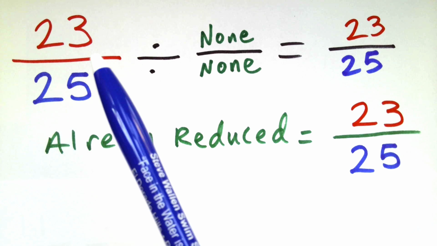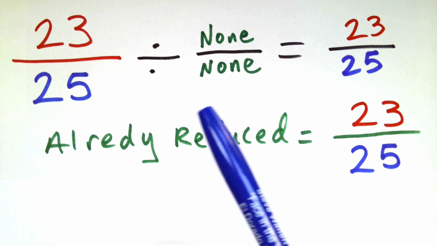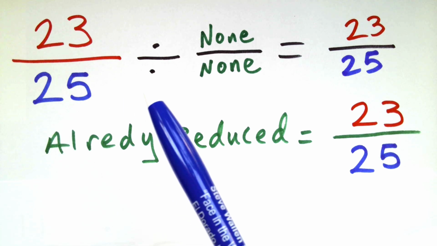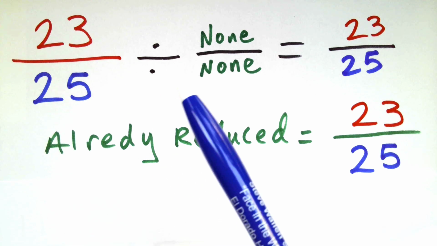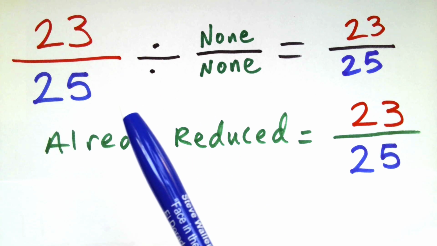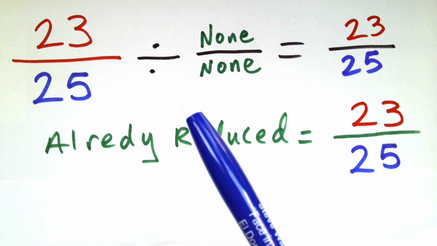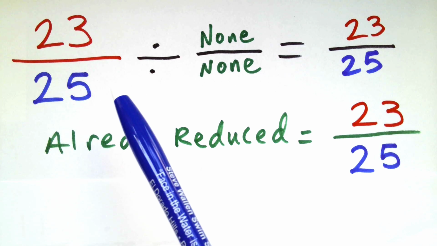23 only has factors 1 and 23. Now, 25, you can multiply 1 times 25, 5 times 5. Those are all products of 25. But 23 is only 1 and 23, and 23 will not be divided evenly into 25.